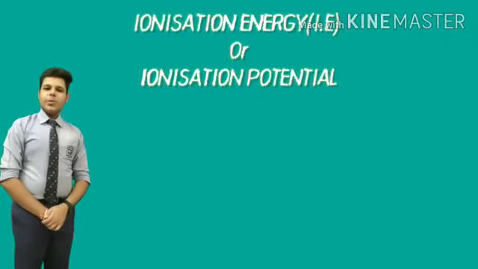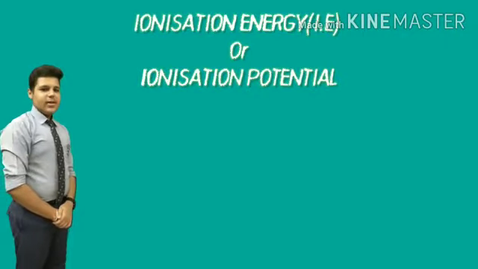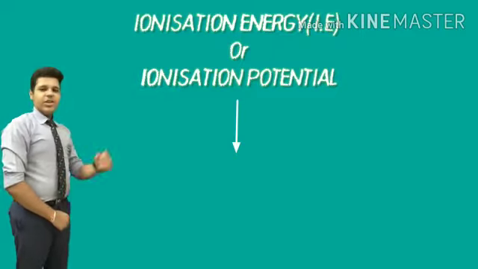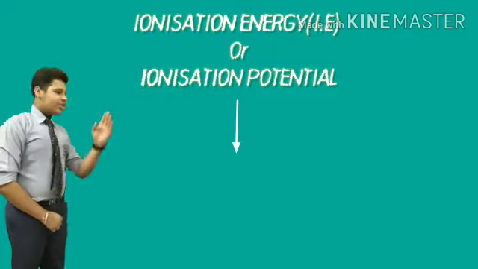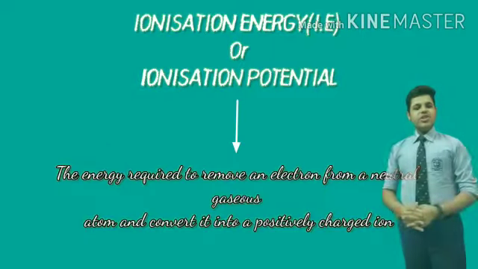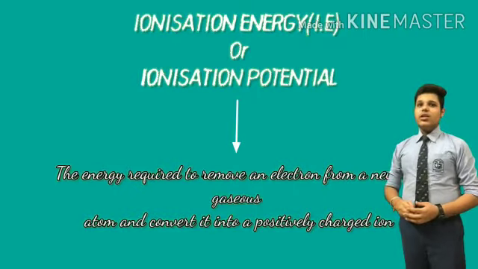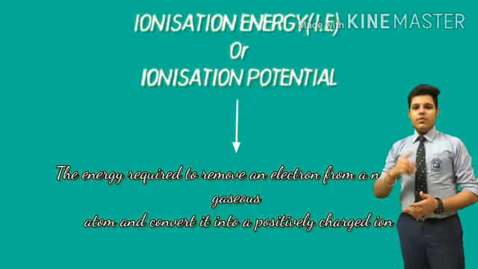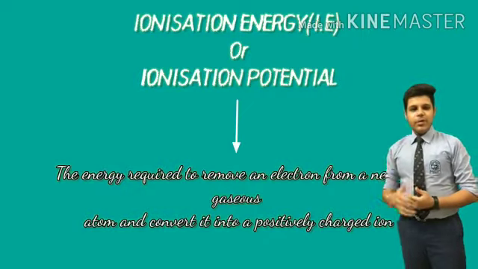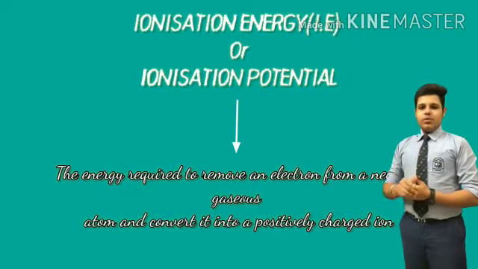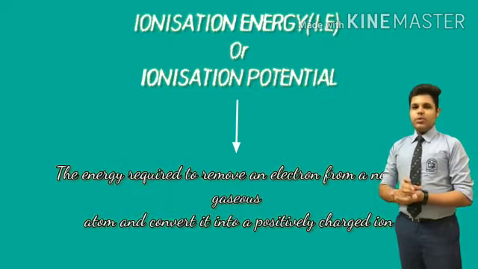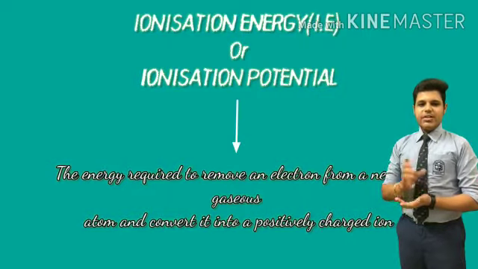One such important property of the elements is ionization energy, also known as ionization potential. Ionization energy is the energy required to remove an electron revolving around the nucleus of the atom. To eject the electron from there, we need some energy.